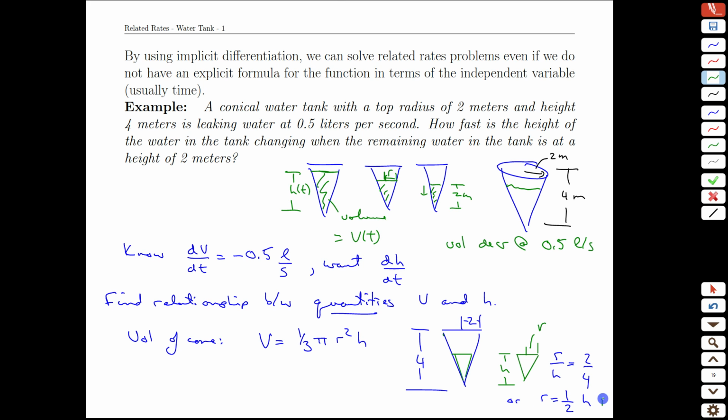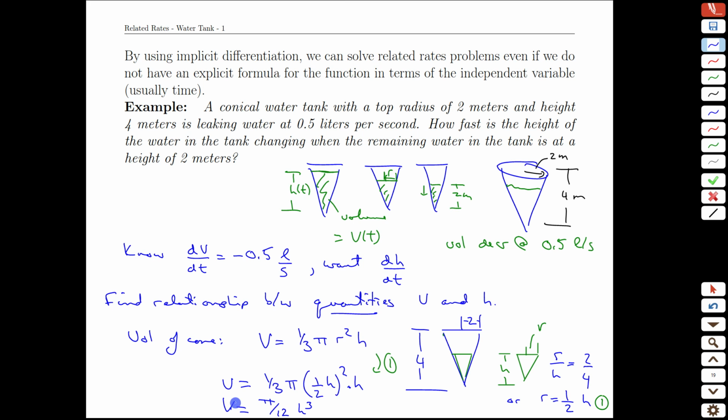Let's call that equation 1 and plug that into here. We're going to have volume is equal to 1/3 pi r squared, so 1/2 h all squared times h, and we can tidy that up a little bit. We'll have h squared times h is h cubed, and we'll have 1/2 squared, which is a quarter, times a third is 1/12.